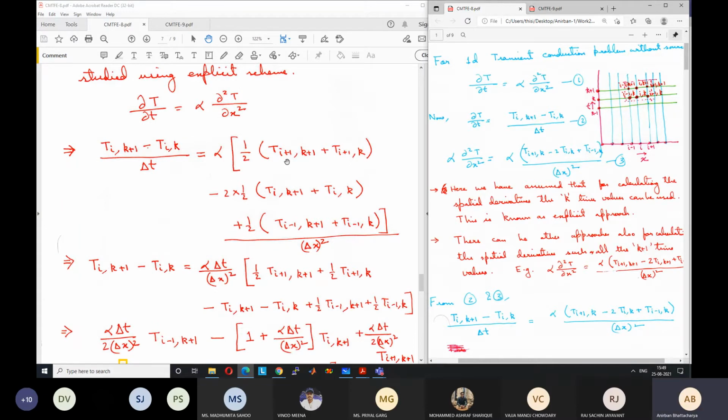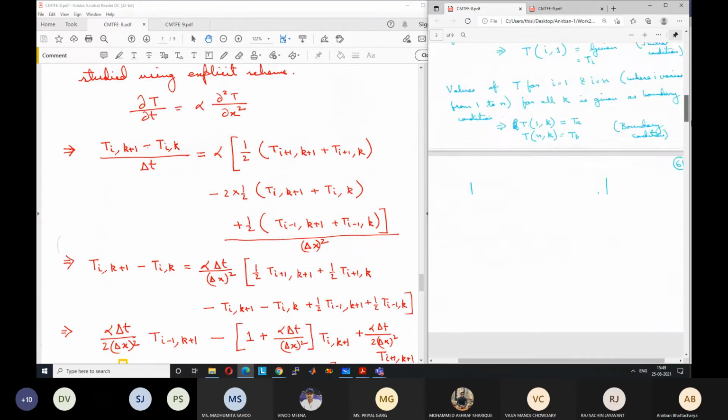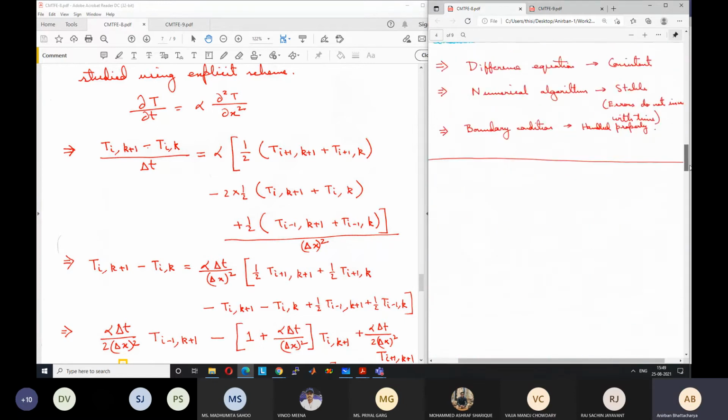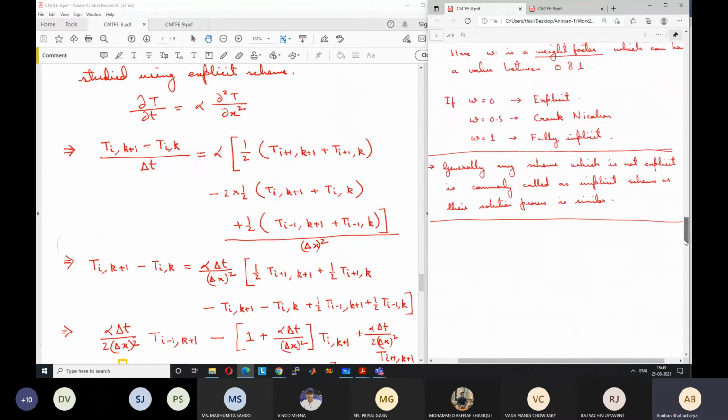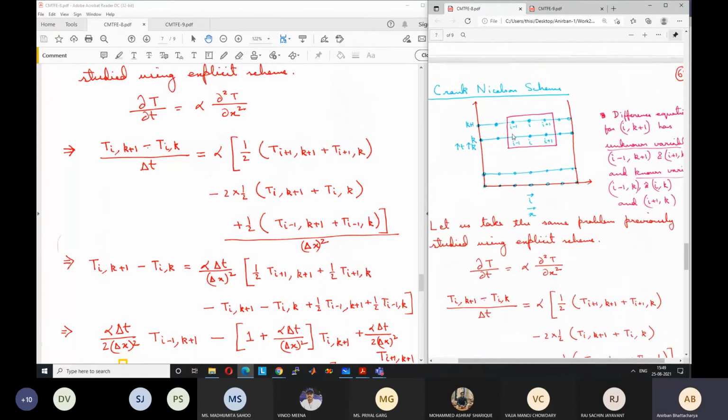One equation, but now we have three unknowns. Previously we had one equation, one unknown, which we could directly solve. Now, if we rearrange this equation, we will see that there are three unknowns. What are the three unknowns? The three temperature values. So I will now go to the corresponding plot for the Crank-Nicolson scheme. This equation has these six temperature values.